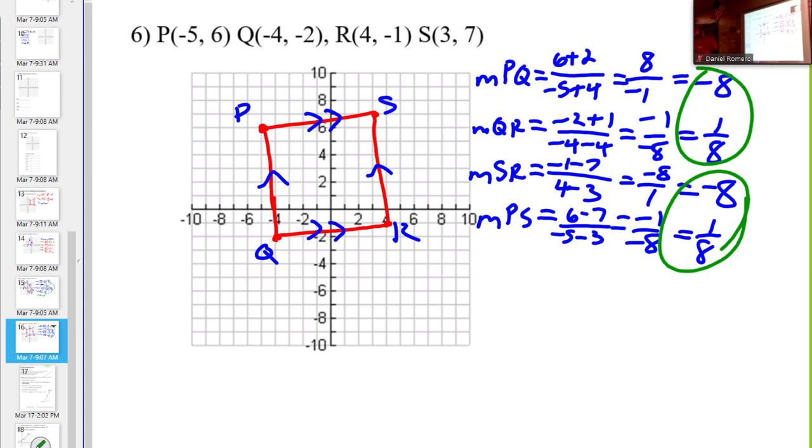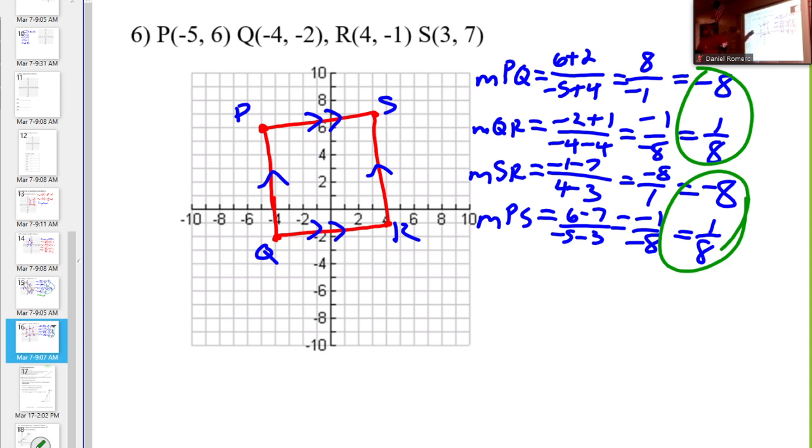Check the reference sheet, because on a rhombus the diagonals are perpendicular.